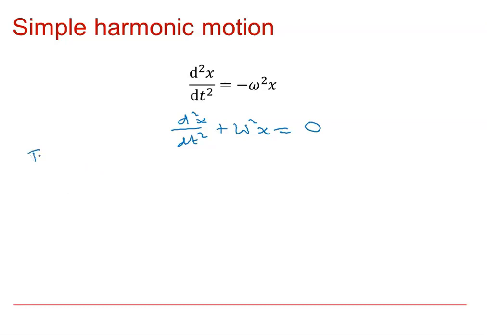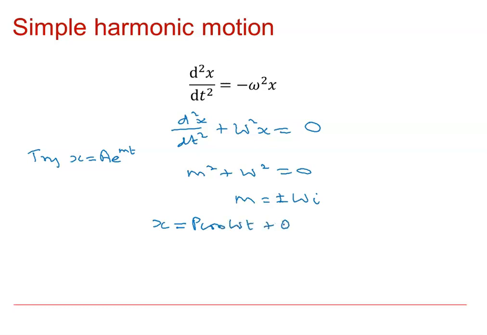Therefore we could try x equals A e to the mt and get the auxiliary equation m squared plus omega squared is 0, so m is plus or minus omega i. Here m is imaginary, and therefore we can write our complementary function, or general solution in this case with it being homogeneous, as p cos omega t plus q sine omega t.